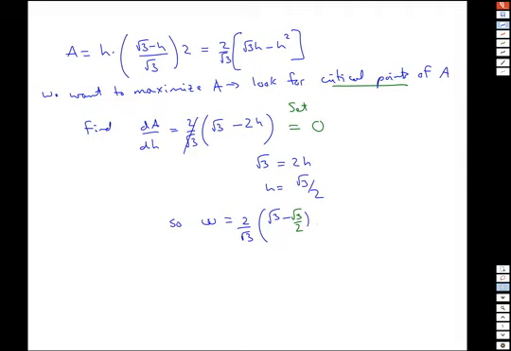And you can do this with calculator work if you prefer, or you can multiply through. That's going to give you 2 over root 3, surprisingly, times root 3 over 2, which actually equals 1. So by the time we're done all this, the optimal dimensions are width equals 1 and height is equal to root 3 over 2.